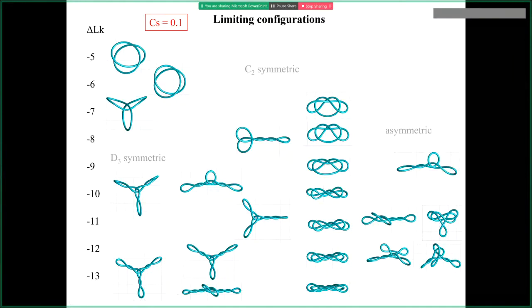Which is probably what you're thinking of. Those motions are not happening here because we don't have any force that would propel the DNA in that particular direction. But once you add random forces, you would be able to observe those. Okay.